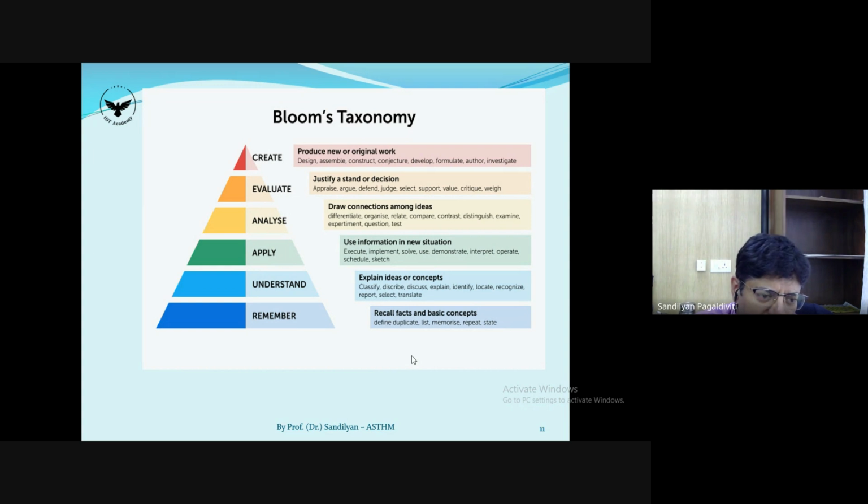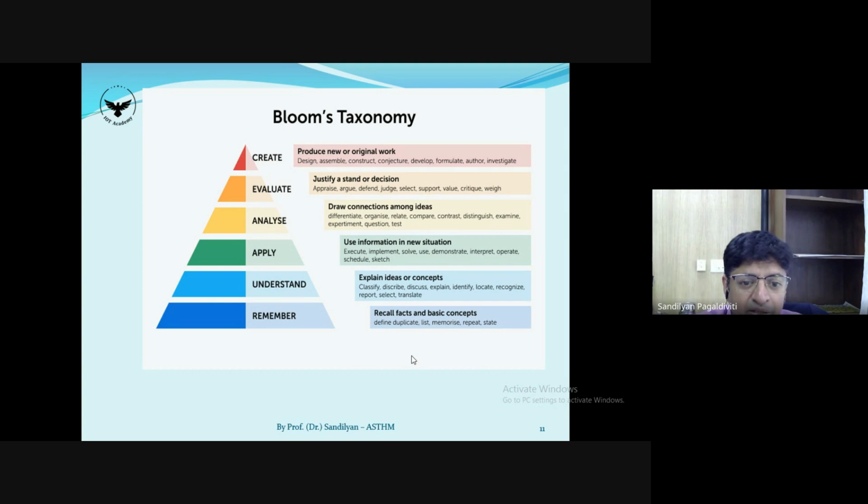On application of acid, the hydroxide which is present in the form of scales will combine with the acid, and I'll get some salt and water. The salt will dissolve and clean the vessel, and the vessel will be clean. So this kind of ability to apply such knowledge which you have gained, it is the third level.